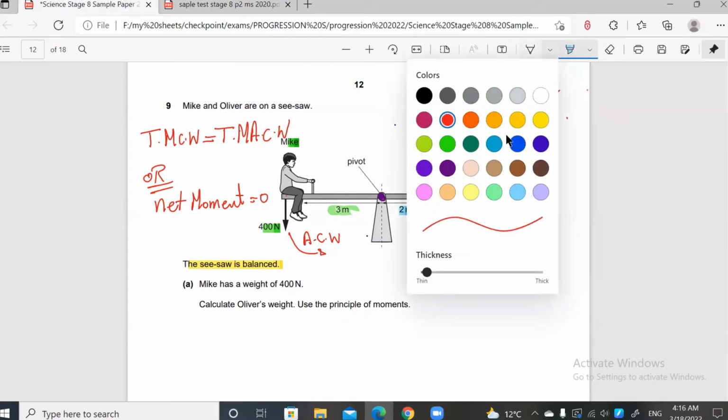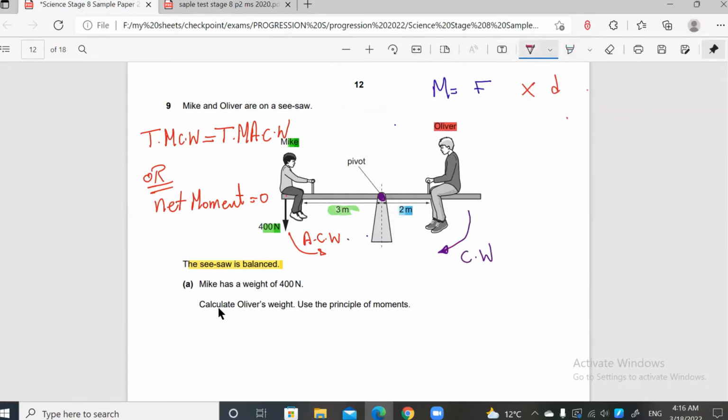What is the question here? The question is asking to calculate Oliver's weight. Weight always acts downward.